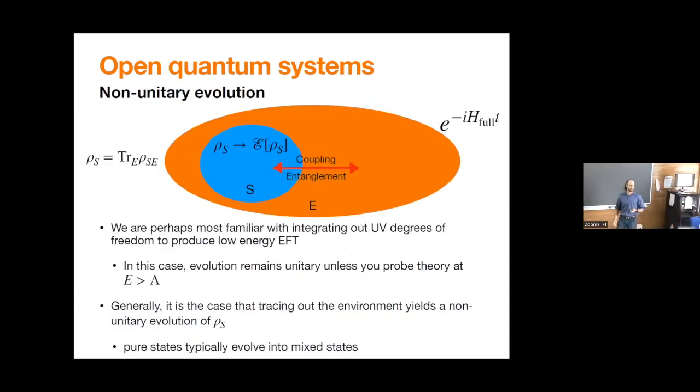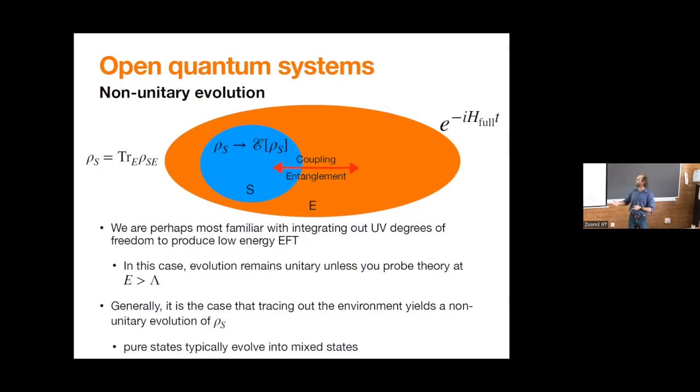And in general, this evolution is not going to be unitary, right? Because there is some sort of interaction between my system of interest and this environment in any interesting implementation of this. And so if I have some initial state density matrix, it's not going to evolve unitarily.